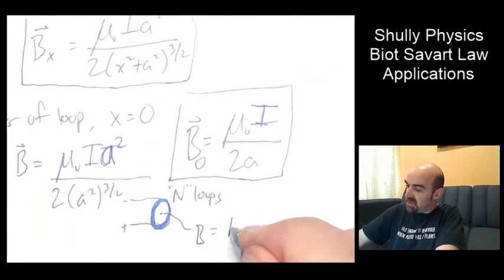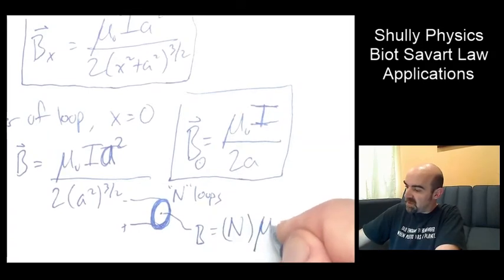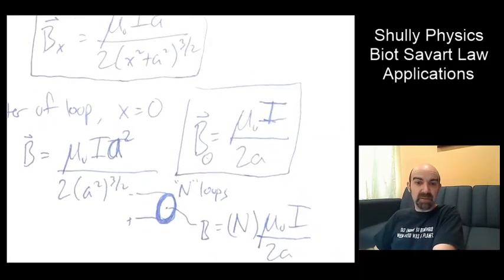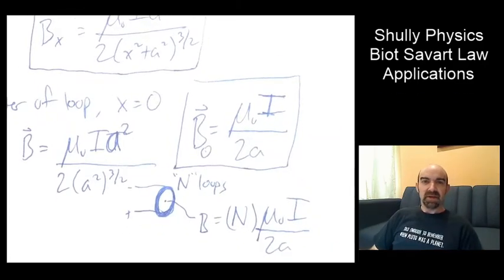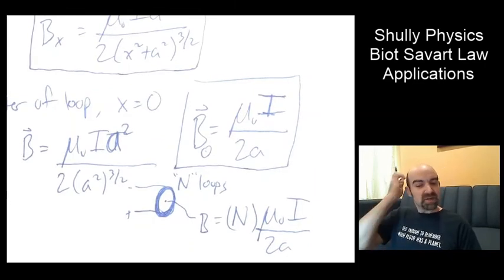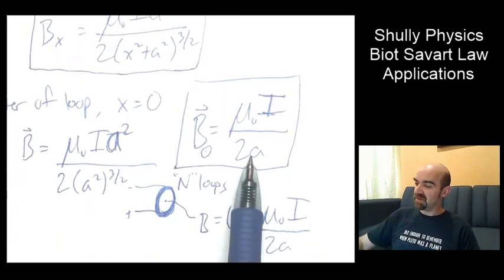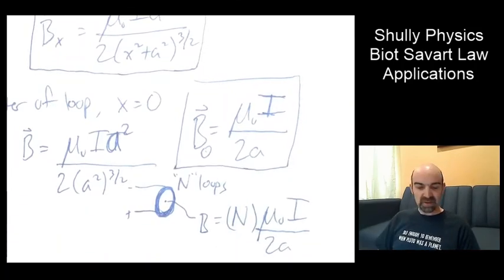It would just be n times mu naught I over 2a. Okay, so that's for n number of loops. So those are our main 2 applications: magnetic field along a straight wire, and magnetic field a short distance away from a looped wire, and also at the center of that loop is mainly it.